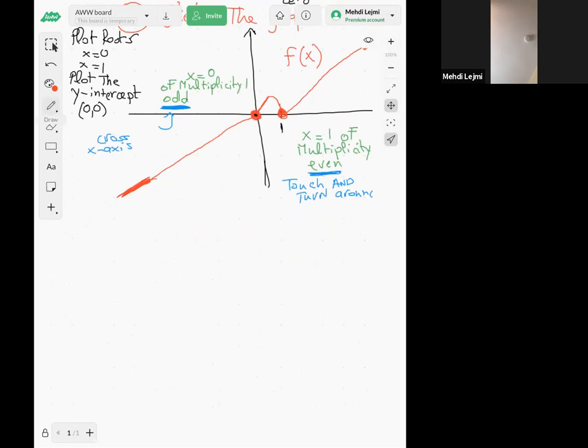So let's say f of x is x cubed minus 4x squared minus x plus 4, right?